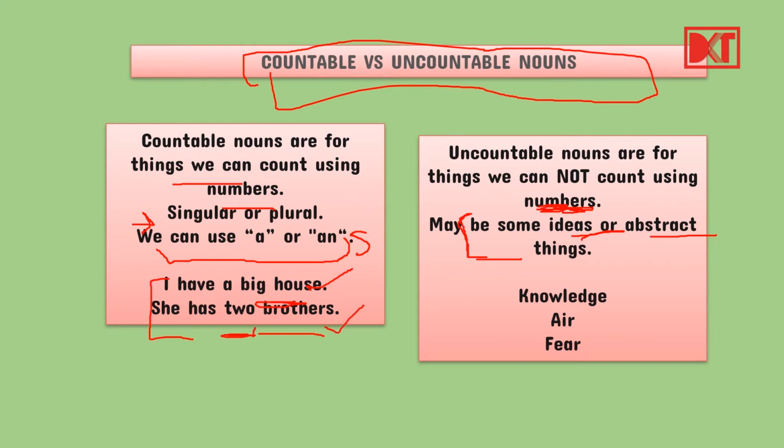But when we see uncountable nouns, we see ideas and things like knowledge, air, fear. These kinds of things cannot really be counted. That's why we call them uncountable nouns. Alright, so in addition to the categories of nouns we have done, this is also important, but pretty easy to understand, right? Countable and uncountable. Okay, let's move on.